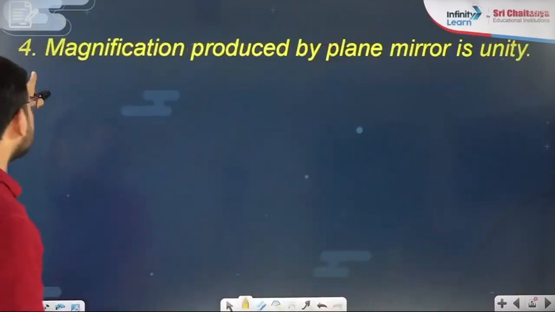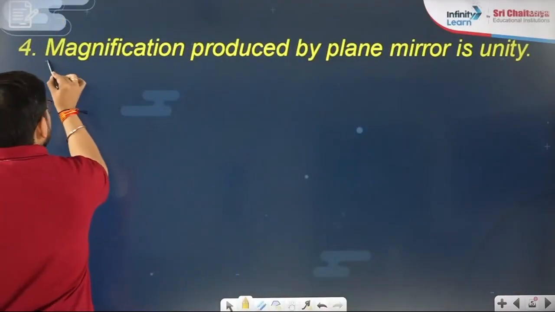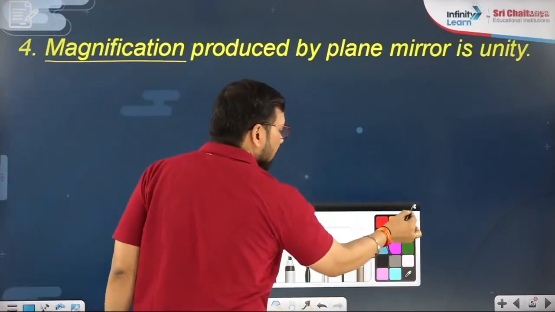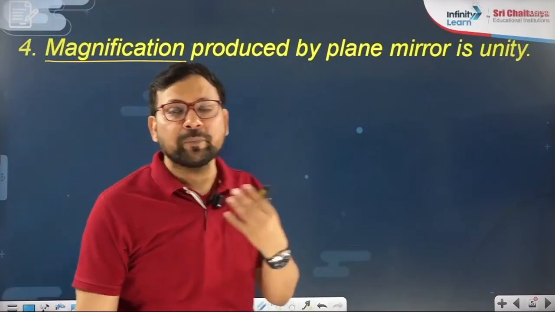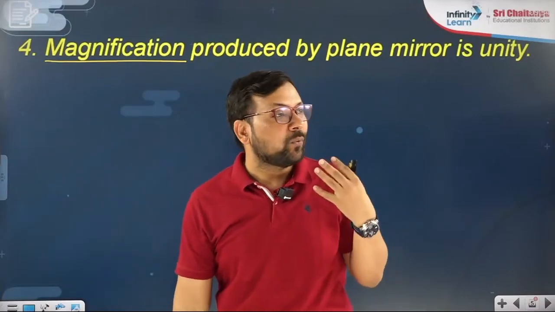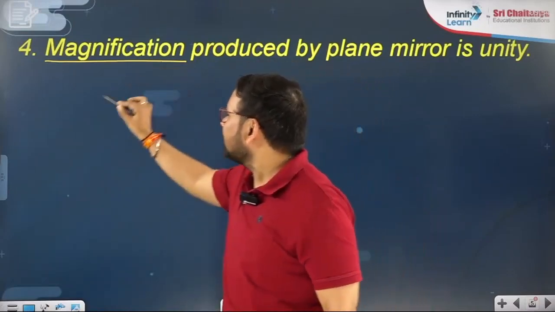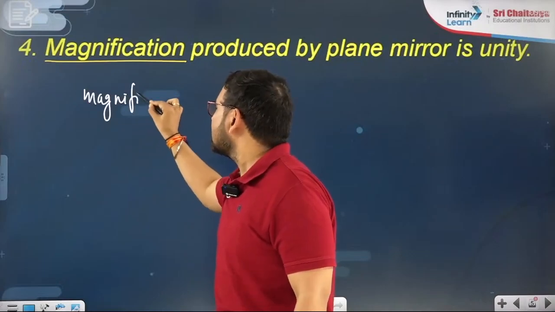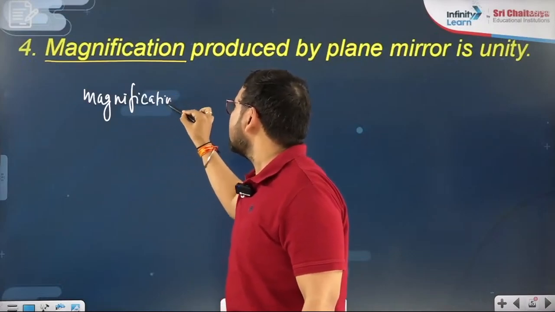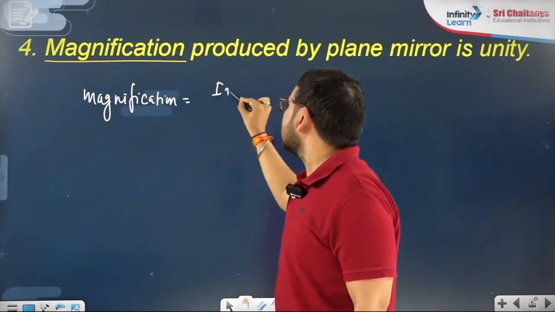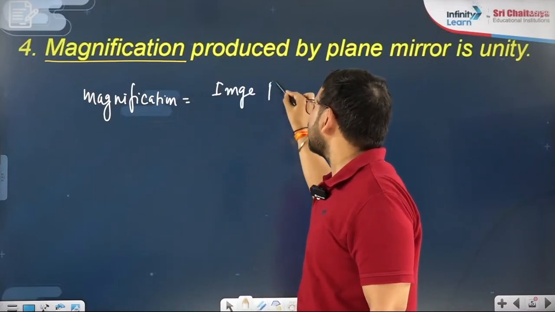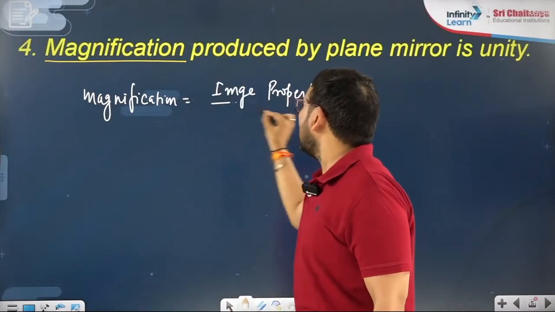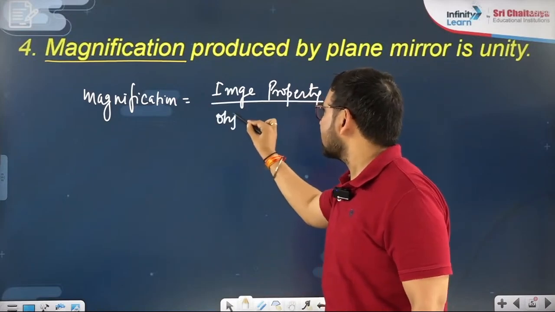Okay. Now read this. Someone was asking about magnification. First of all, what is magnification for any optical device, whether it is a lens or mirror, reflecting or refracting? When we are writing magnification, in most cases you are writing an image characteristic or image property upon an object property or object characteristic.